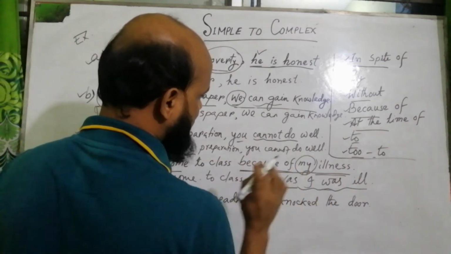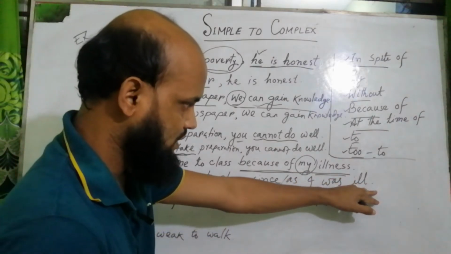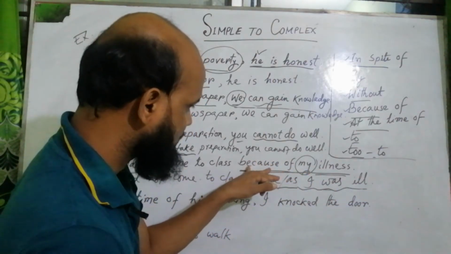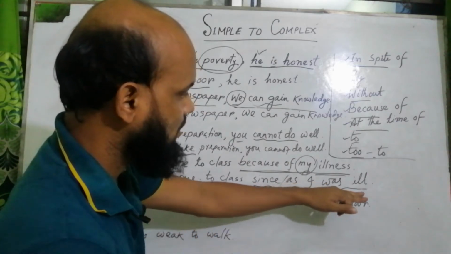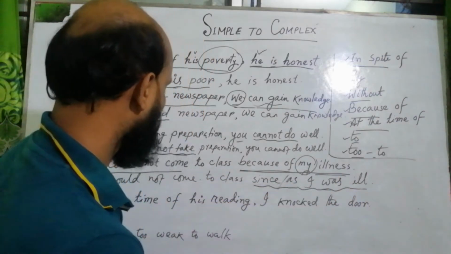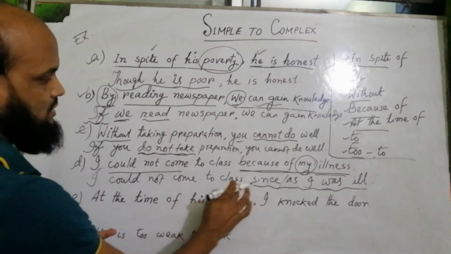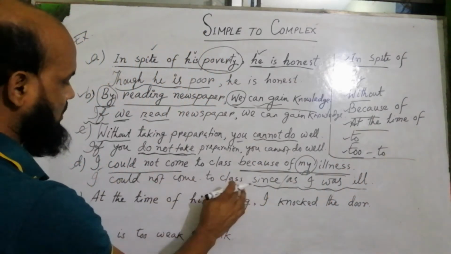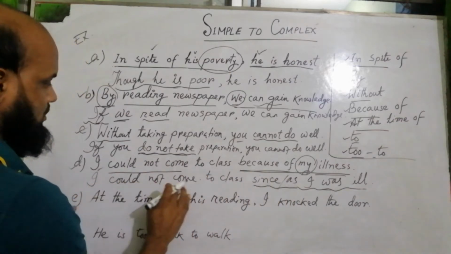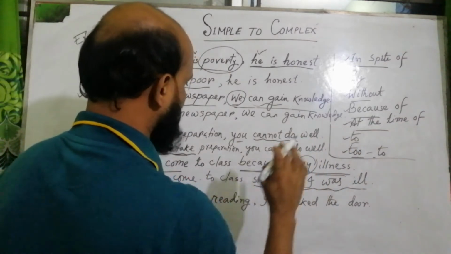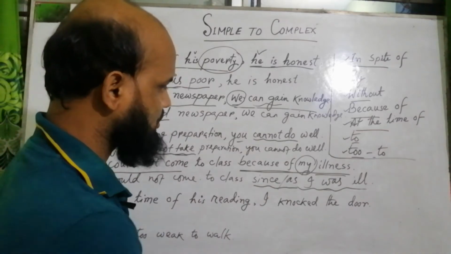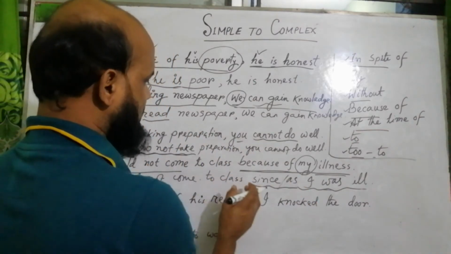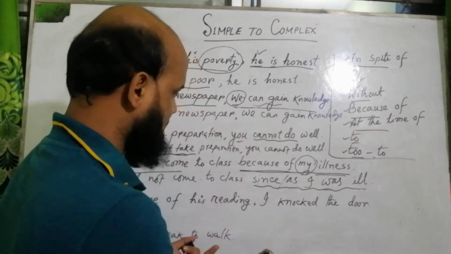Since I was ill. Since I was ill, this phrase has changed into a clause in past tense because this is in past tense. Since I was ill, I could not come to school. If you write, I could not come to school since I was ill. And if you want to put this one in the beginning, then you have to write a comma separately.